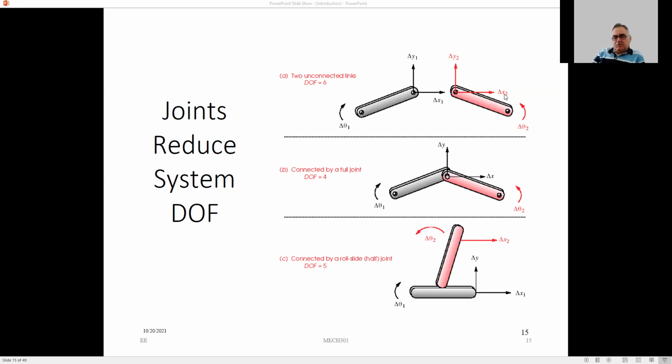And so is delta x1 and delta x2. It has become delta x. This one still has delta theta 1, and this one still has delta theta 2. But now the degree of freedom has decreased, as you see. Instead of 6, now you have the degree of freedom of 4. So somehow this thing has decreased the degree of freedom.